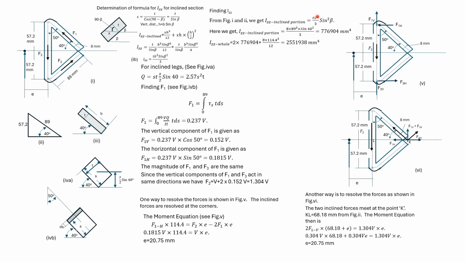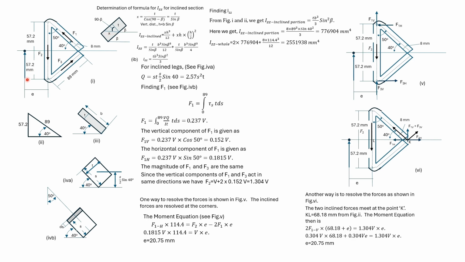So this is the formula we use. We can find the Izz of this inclined portion. Izz of the whole is Izz of this vertical portion and Izz of the two inclined portions.